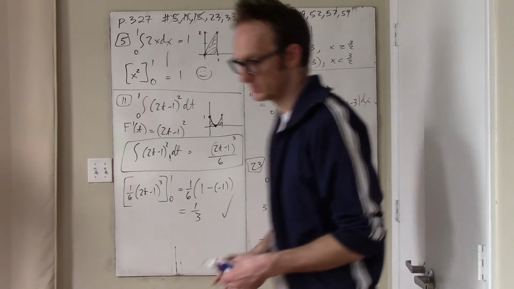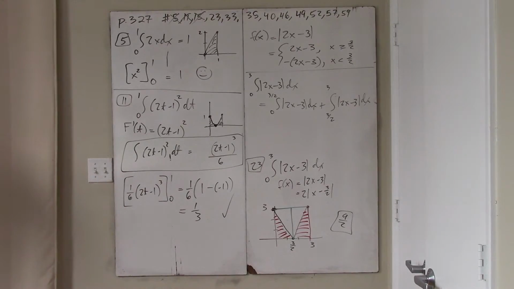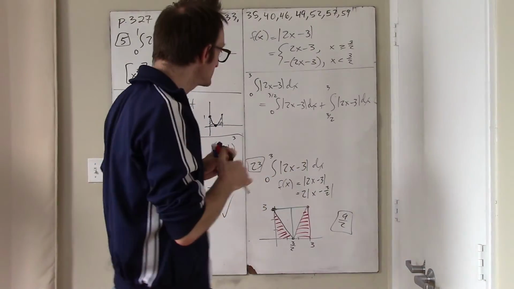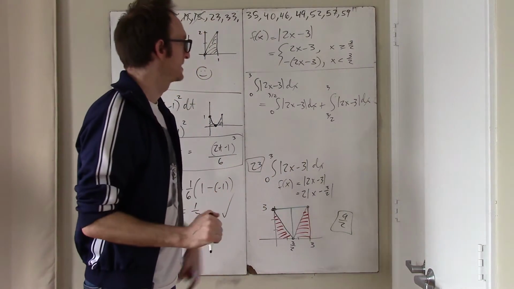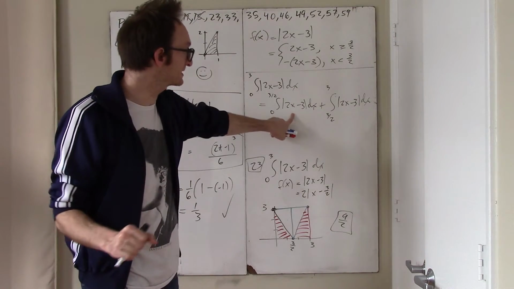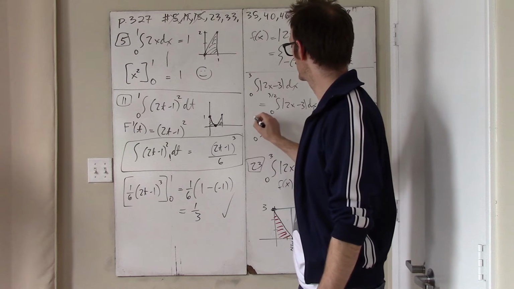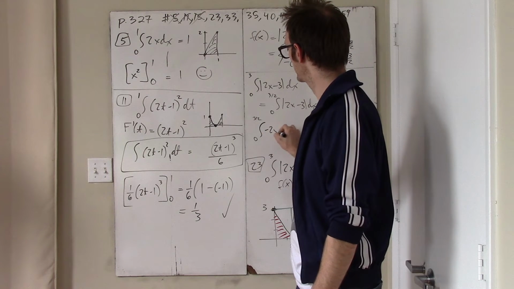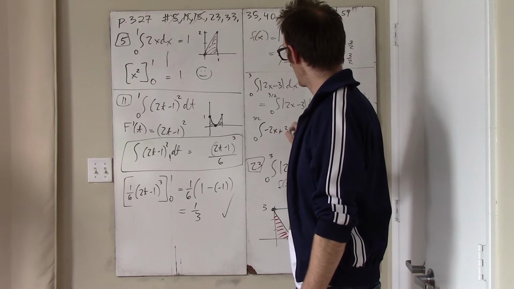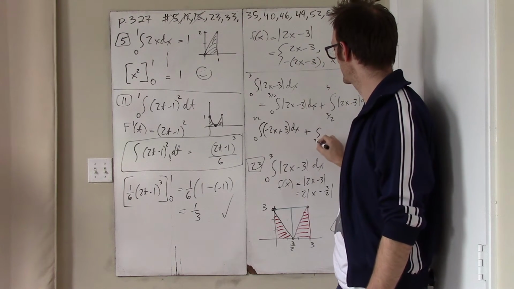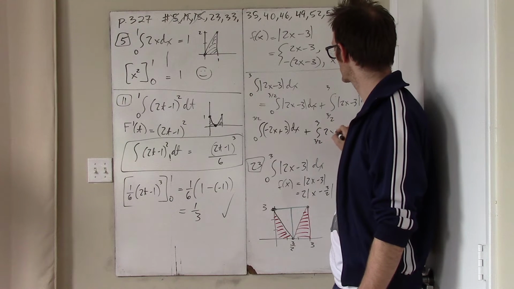That's just splitting an integral into 2 integrals, which is clearly fine. And why would I choose these 2 particular intervals? Because now on the first interval, the function I'm integrating is negative 2x plus 3, from 0 to 3 halves. And over here, it's the integral from 3 halves to 3 of 2x minus 3.